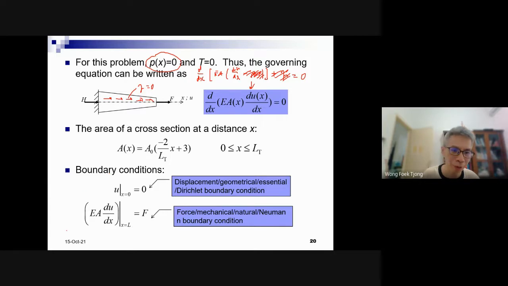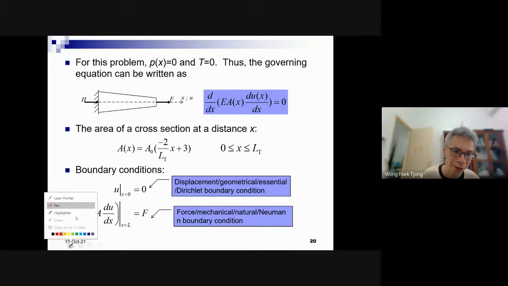Any questions up to this point? Okay, I can erase. So that's the governing differential equation for this bar. What is A in here? A is not a number because the cross section varies along the bar.